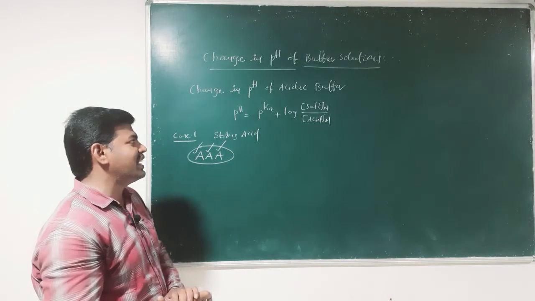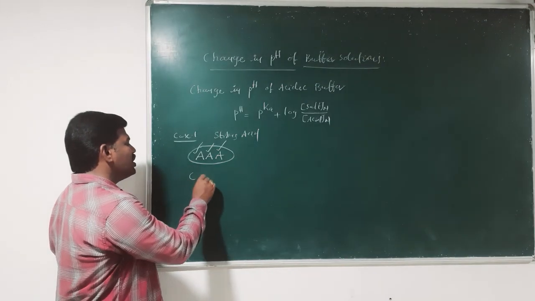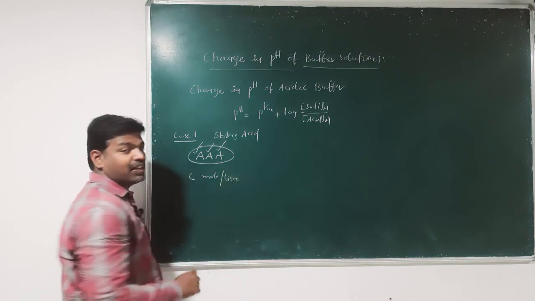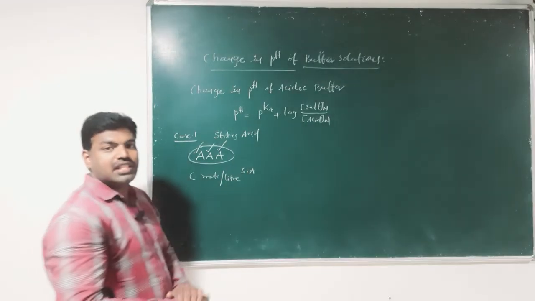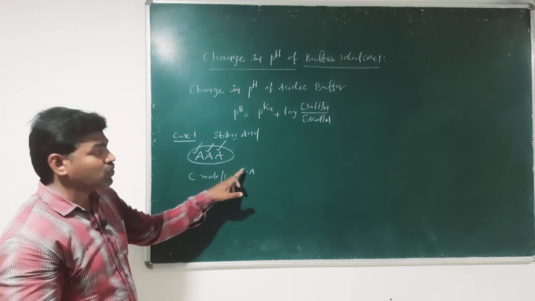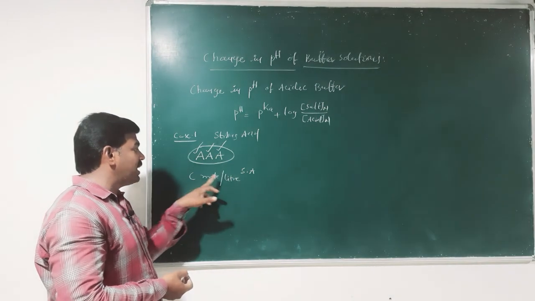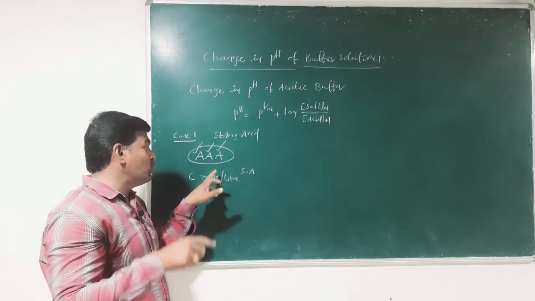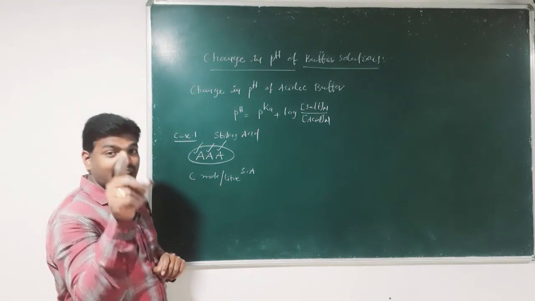Acid concentration increases. For example, if C moles per liter of strong acid is added, that C moles per liter strong acid concentration increases and that C moles per liter base concentration or salt concentration decreases.